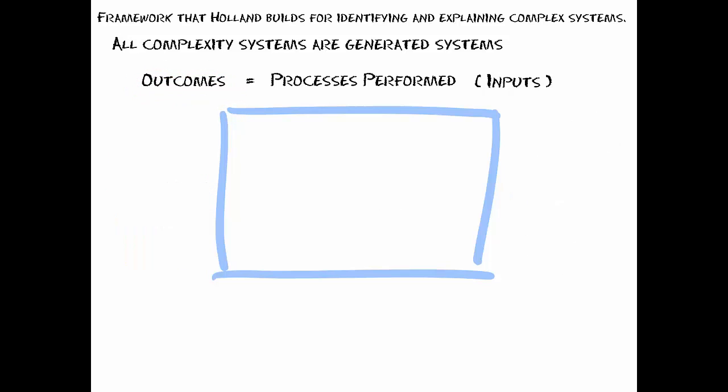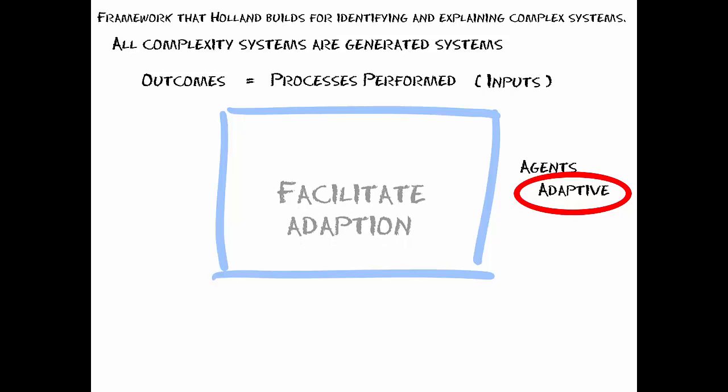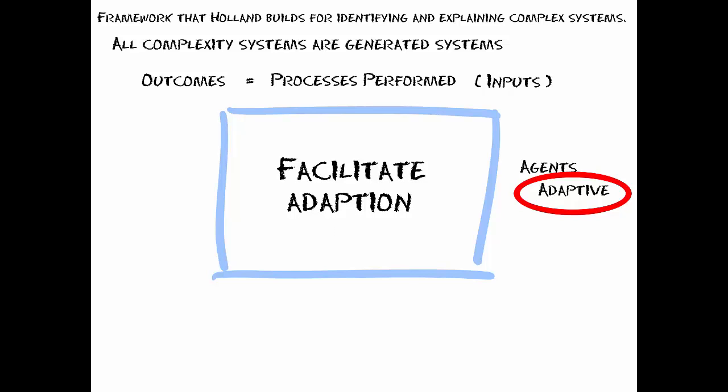Again, that's studying the outcome. Now let's look at the other area he focuses on, which is inputs. He defines inputs as agents, and he says that agents in a complex system have a very strong adaptive property. If the agents are adaptive, then the system by necessity has to be able to facilitate adaptation, which makes the process itself complex, because the process has to deal with an agent that is like a moving target.